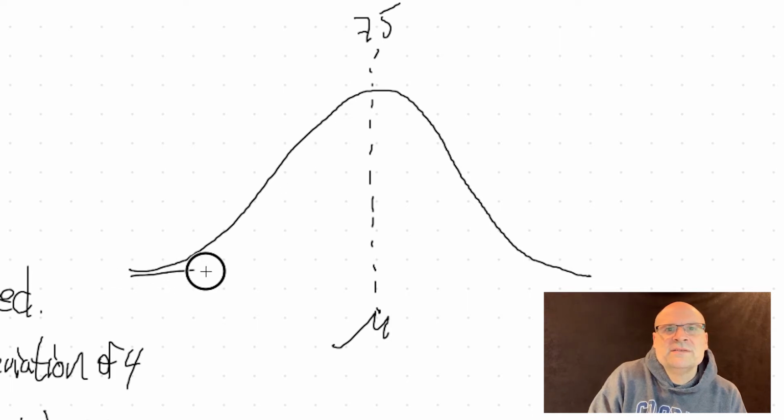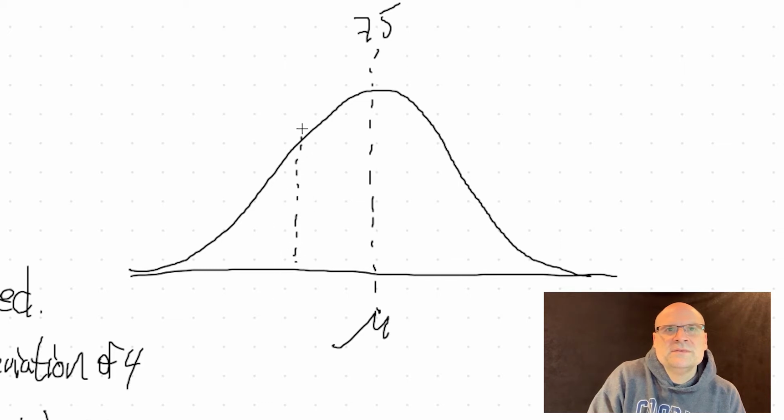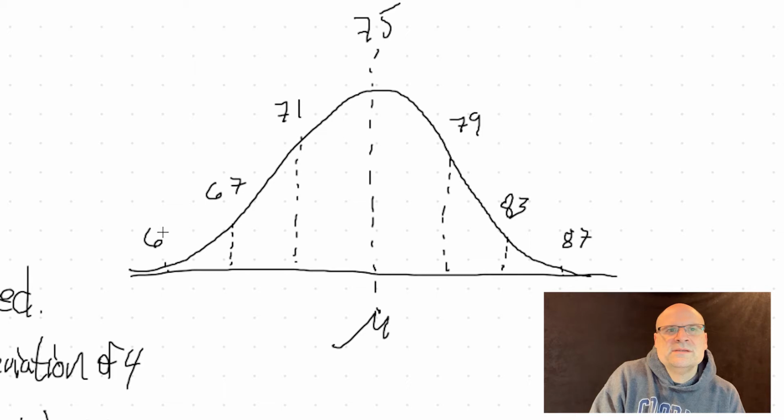And then we've got one standard deviation down here, which is 71. The other side of that is 79. And we've got two standard deviations, which is 83 and 67. Then we've got three standard deviations at 87 and 63.